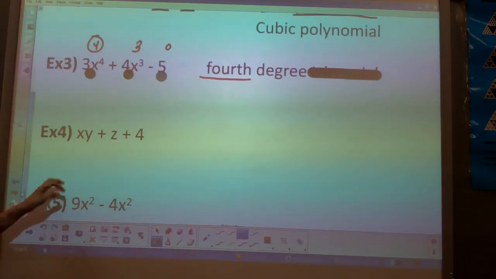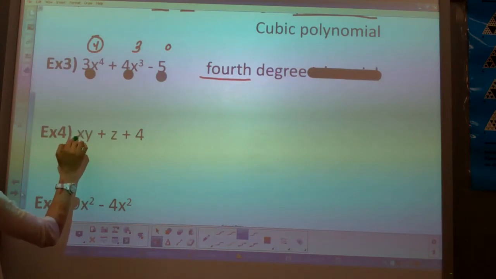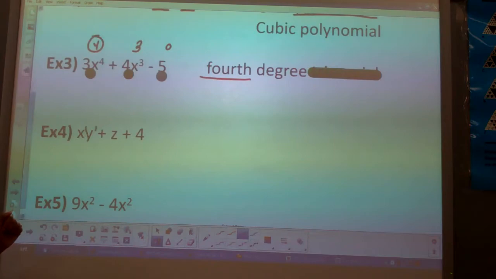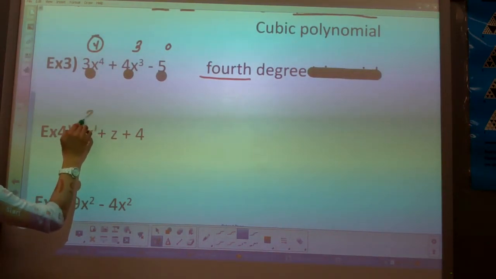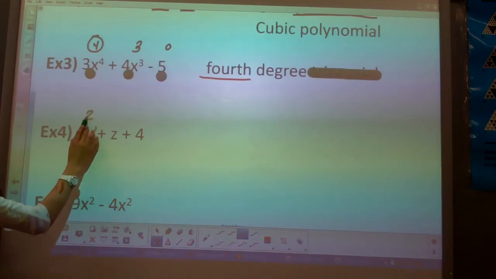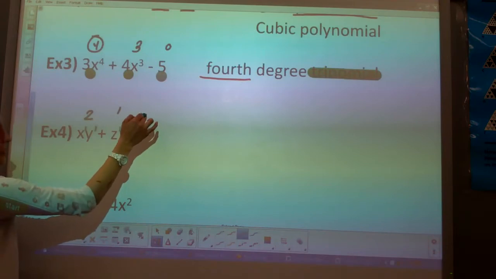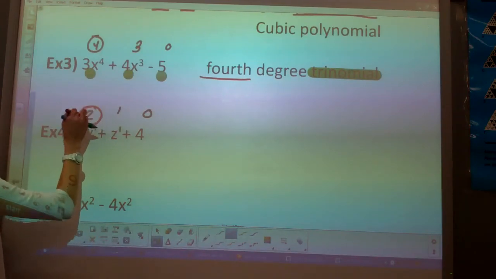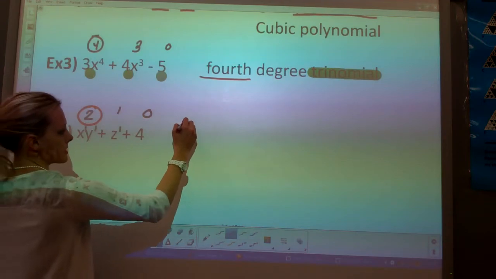Let's look here for example 4. How many degrees are in xy? Well, if you put a 1 for x and a 1 for y, the total for this term would be 2. It's a 2nd degree here. Your z has just a 1 degree, and your 4 is 0. So your highest degree is 2. So this would be called a 2nd degree.